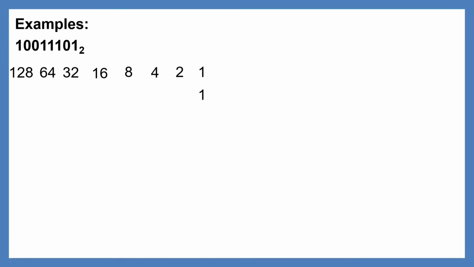So now write the binary numbers below the place values. So we have 1 0 0 1 1 1 0 1 below the place values or the power of twos. Then you're going to write only the place value that has a 1 bit.